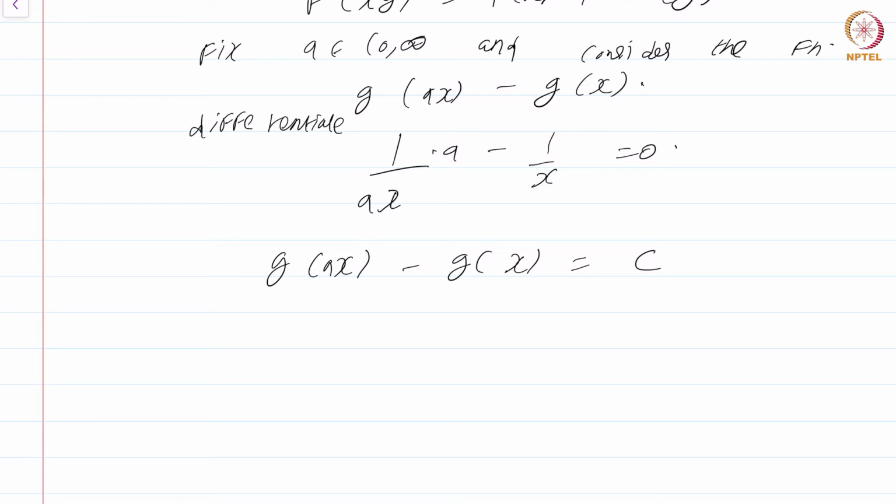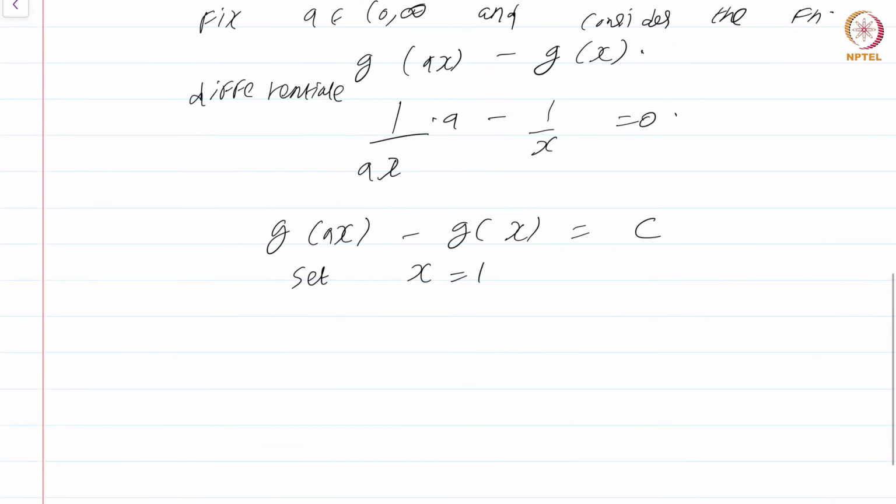Now set x equals 1, we get g of a minus g of 1, which is 0. So we get g of a is this constant c. Okay. In other words, g of ax is just g of a plus g of x.